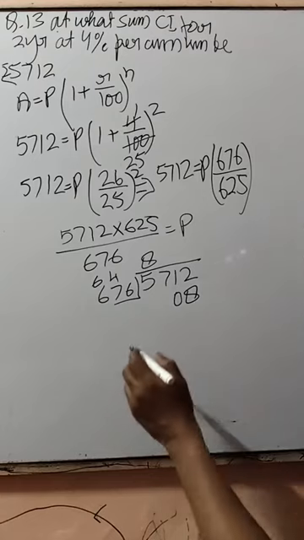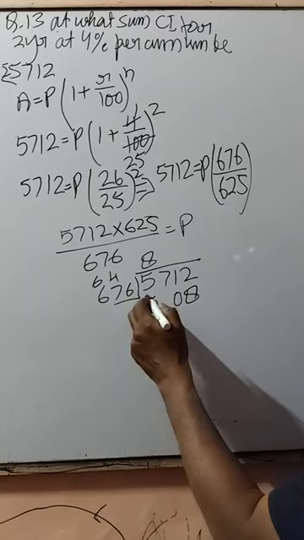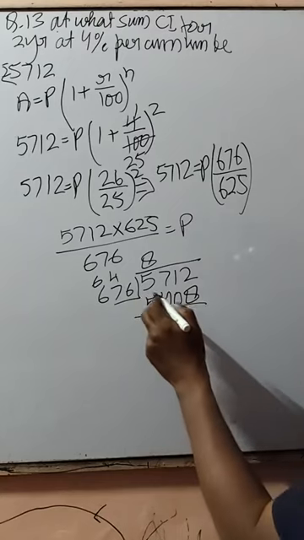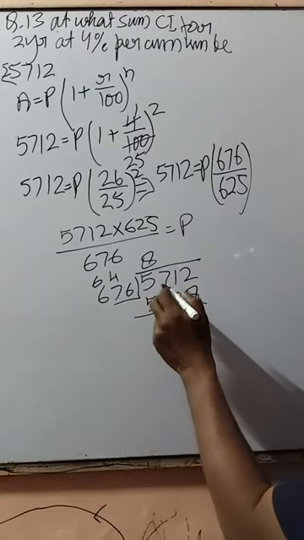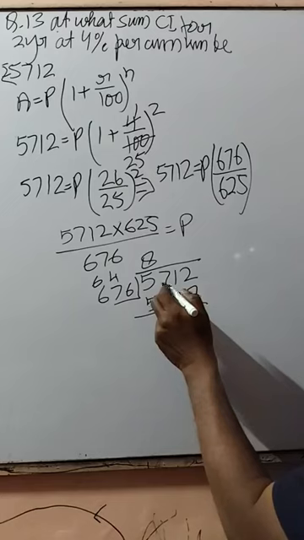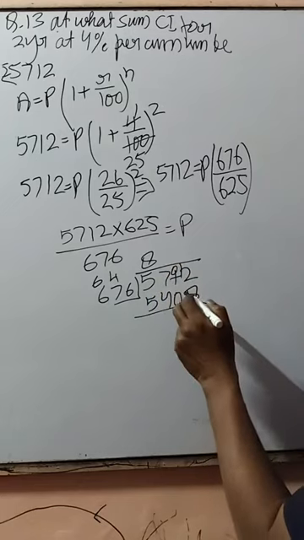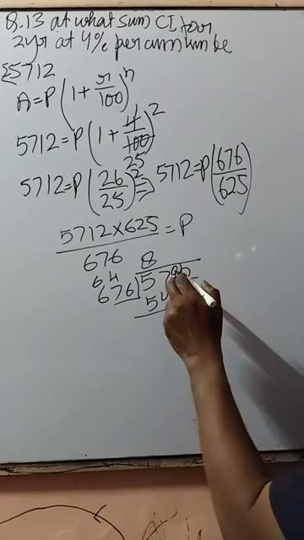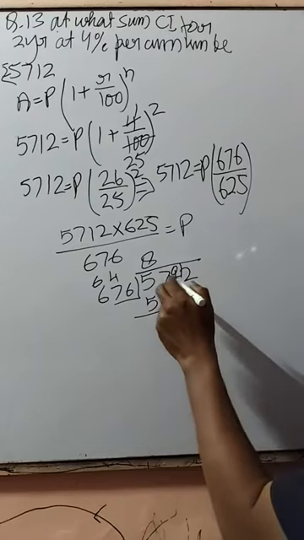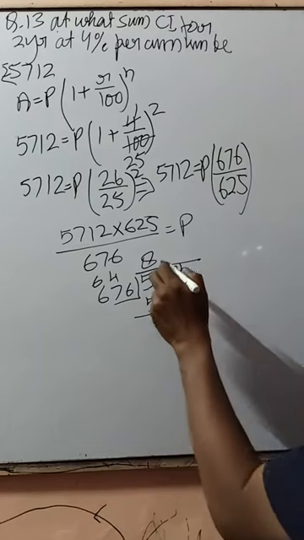We borrowed from 1 here, 12 minus 8 becomes 4.